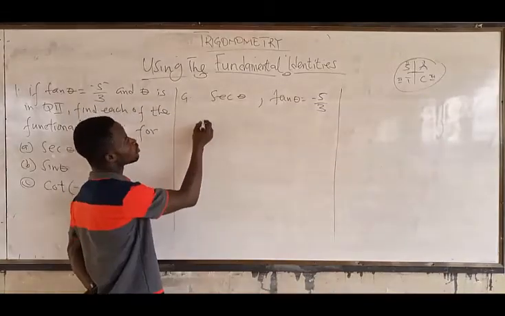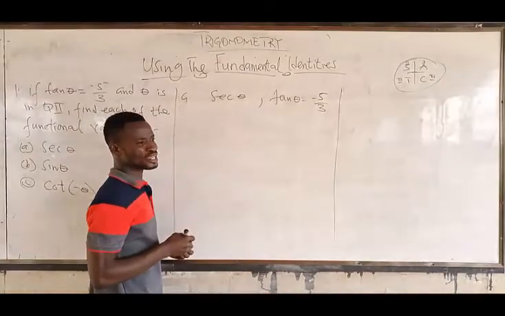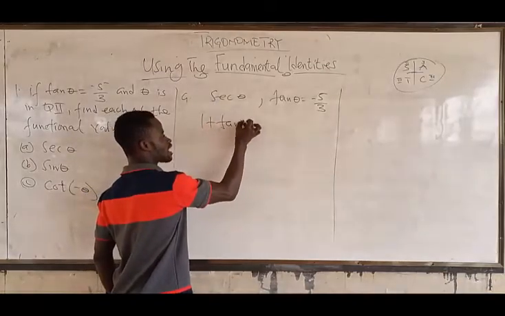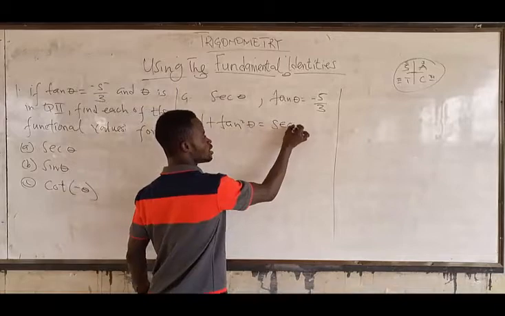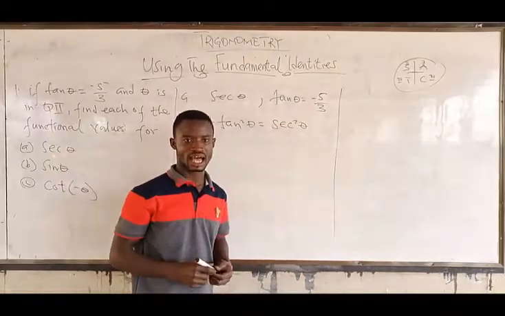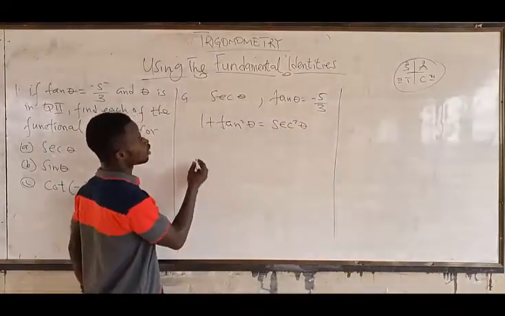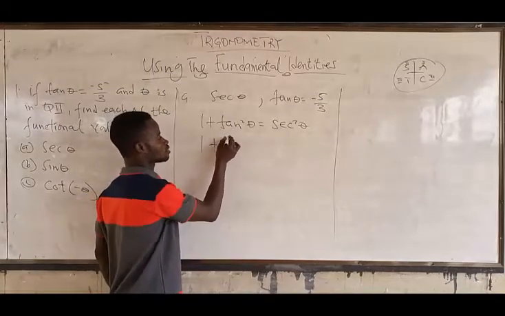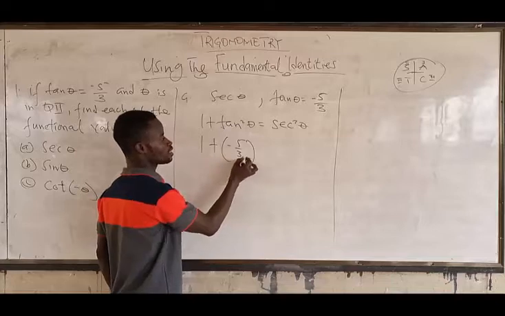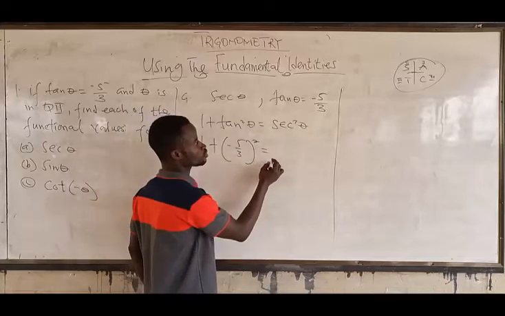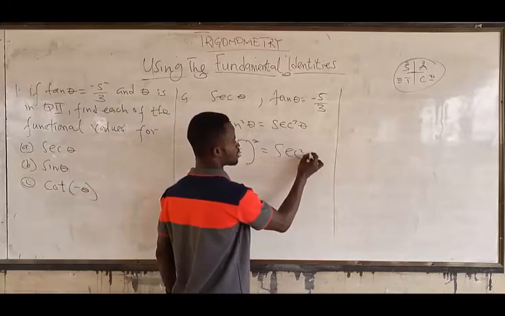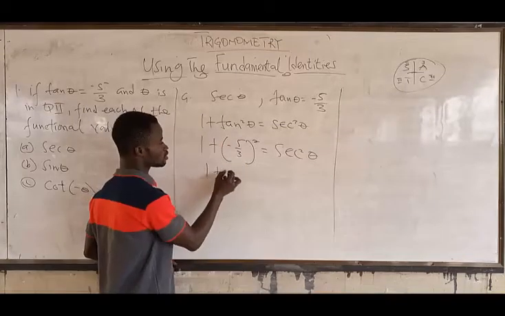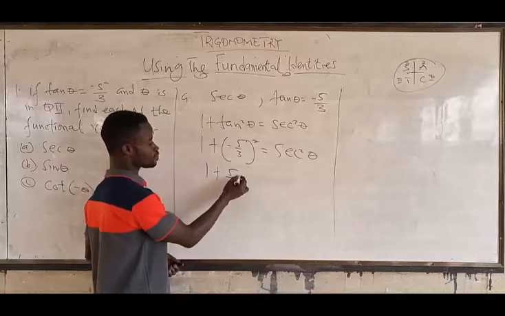Okay, so we know from the fundamental identities that 1 plus tan square theta is equal to sec square theta. Therefore, by substitution, we get 1 plus negative 5/3 squared is equal to sec square theta. And this is going to give us a positive output.